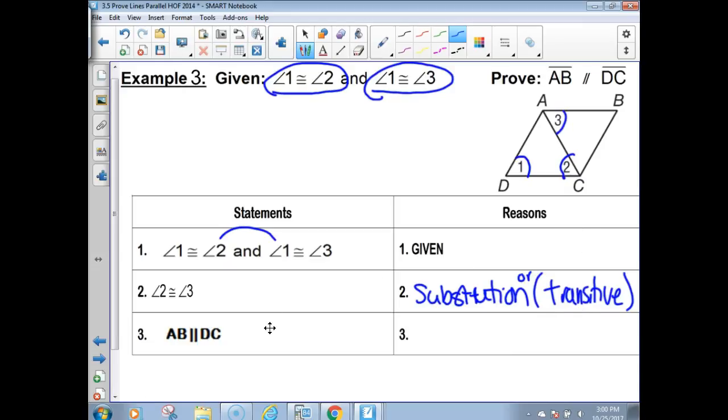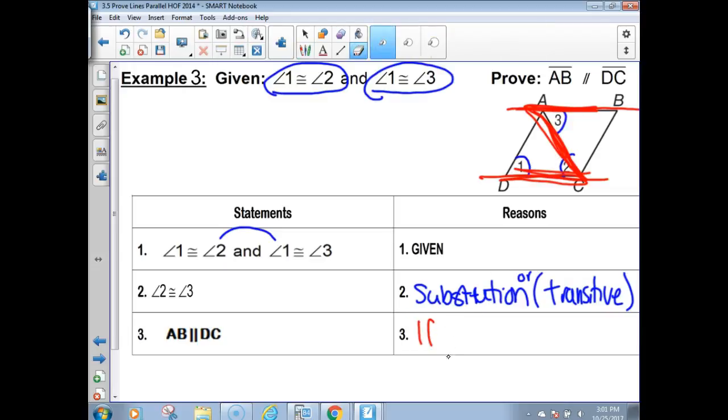And then why would the lines be parallel? Let's see what lines they're saying are parallel. AB parallel to DC. And that's because those things are what kind? Alternate. Switch sides, jump over on the inside. So that's, if, well, I don't care if you write the word if, but you can.